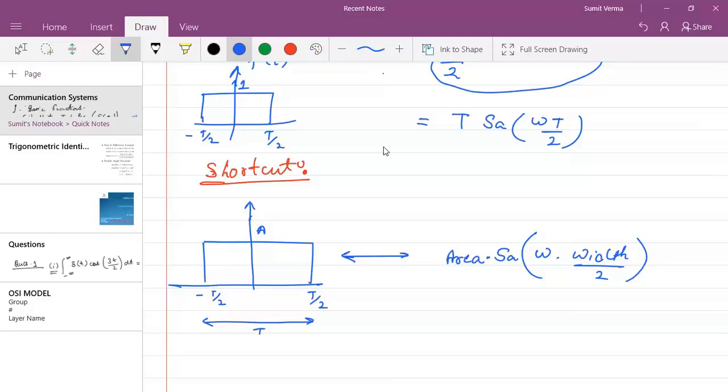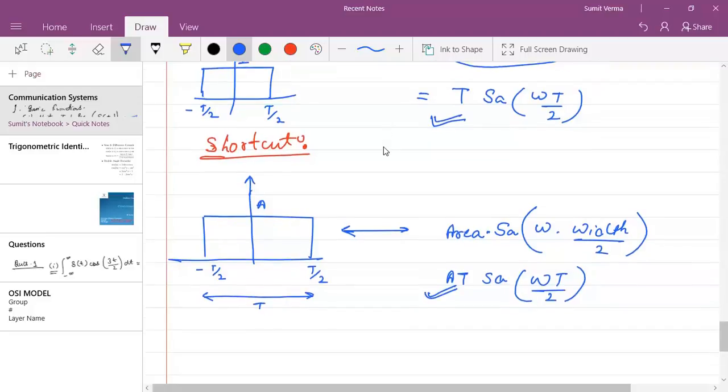If I take the area of this gate pulse, it would be a into t, the area of this rectangle. So a t sampling of omega t by 2 is the Fourier transform for this. Because we had the value 1 here, this was the Fourier transform for this. So using this shortcut you can directly get the Fourier transform.